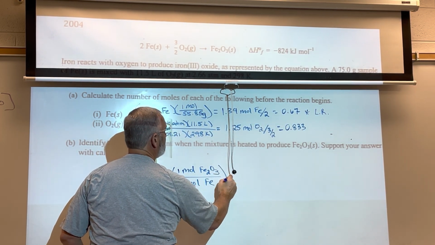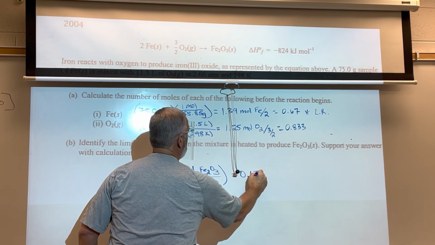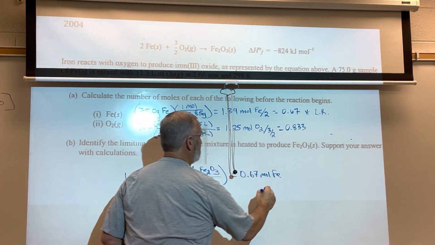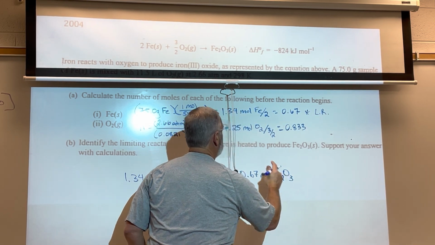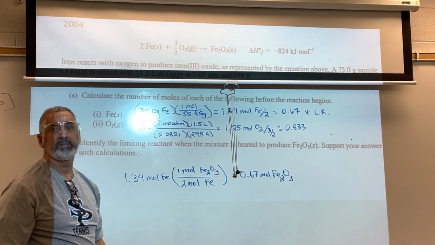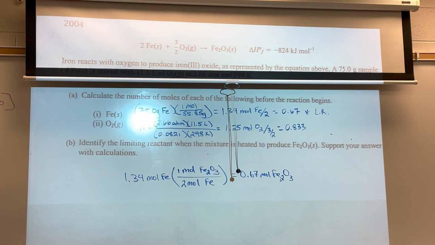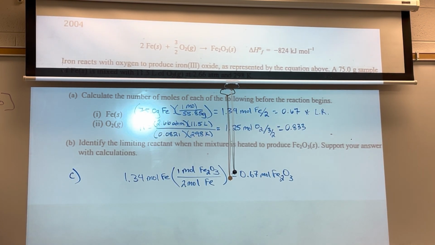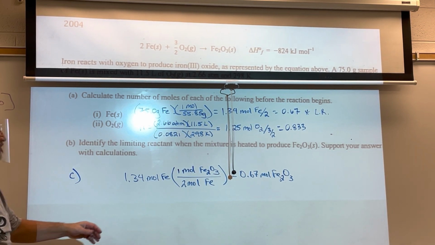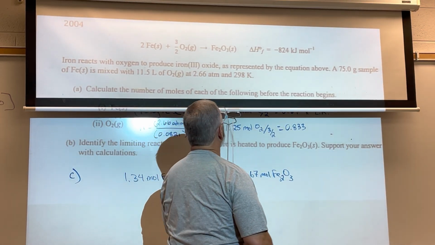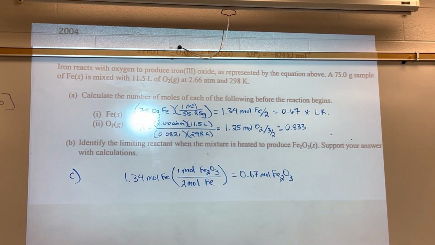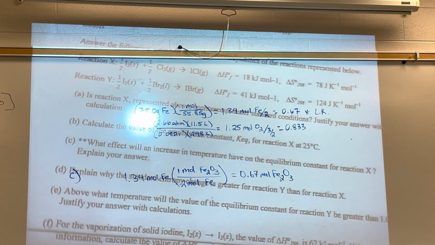So really, I already know that number. It's going to be 0.67 moles of Fe2O3. Okay? So that's part C. That's all stoichiometry. That's getting us to where we have the values that we need to do the rest of it. Okay, so you have all those numbers written down. So then it says D.